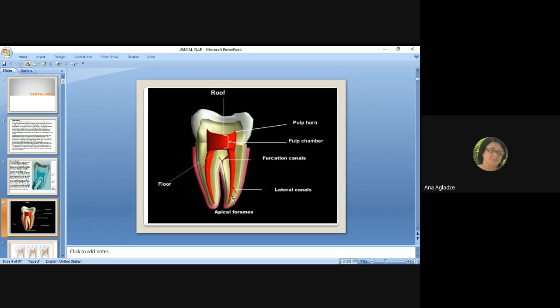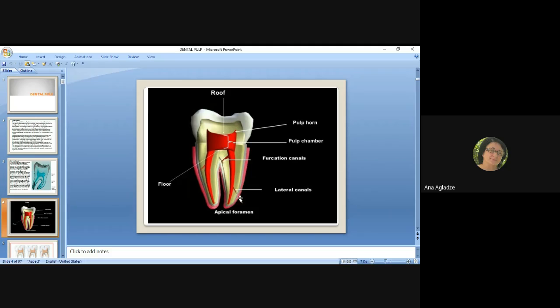And you know that these root canals can form accessory canals. Here at the apex of the root there is the apical foramen, and each root has at least one main canal, you can see, and the apical foramen, and many have two.